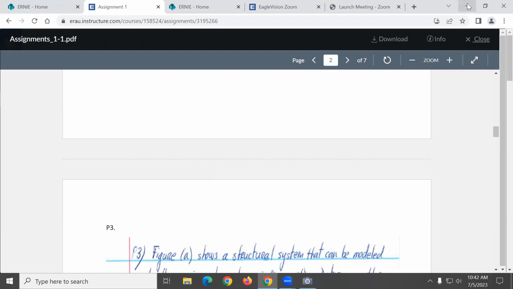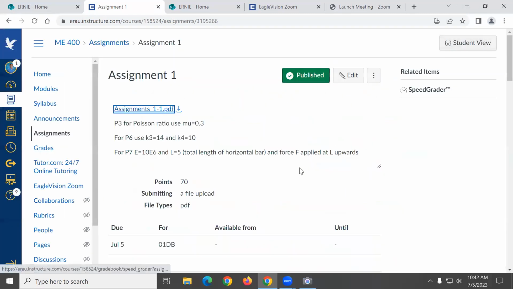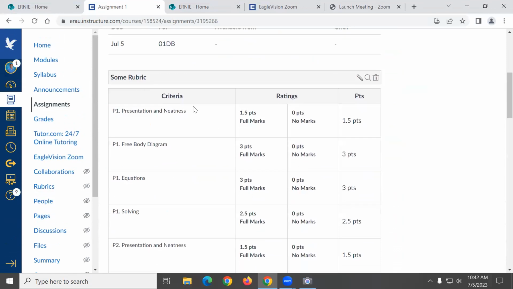One thing maybe you have seen, or I don't know if you can see it. I told you this stuff. Can you see this? Okay. So basically you see what it is. To me, presentation and neatness is important.